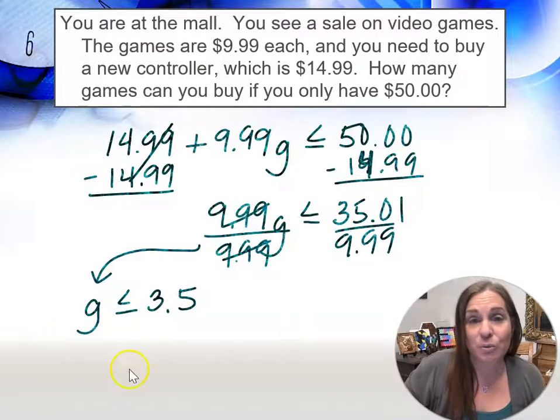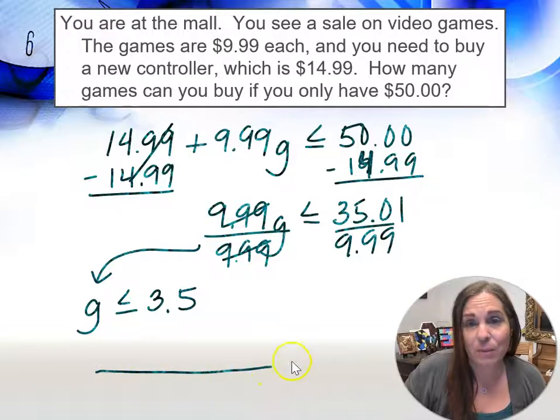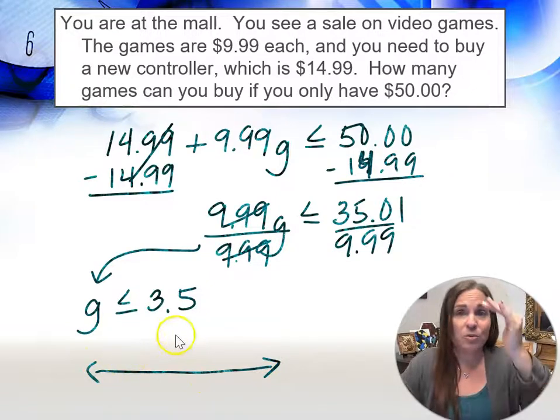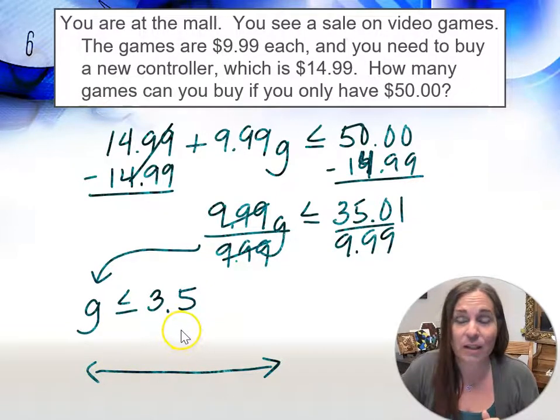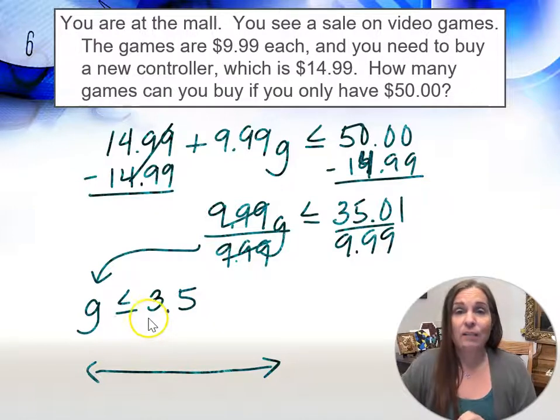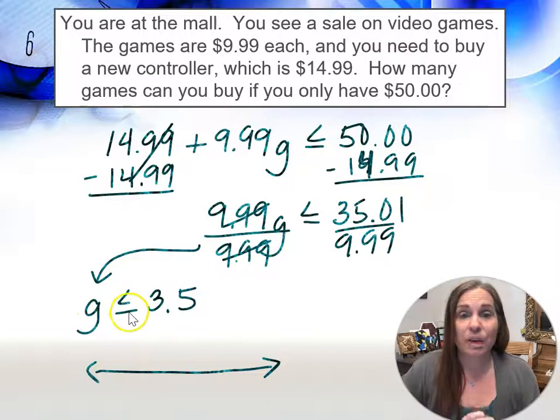If I were to graph this, now I'm going to show you 2 different ways to graph this. If it weren't a real world problem, if this was just an algebraic inequality that I solved, the way that I would graph this would be different. So I'm going to show you that way first. If I want to graph G is less than or equal to 3.5, I have to make sure 3.5 is on my number line.